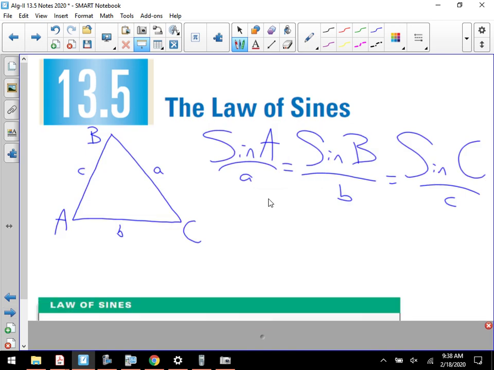You guys have all used this as the ratio stuff. You look at it in terms of the sine of an angle is to the side across from it, as the sine of another angle is to the side across from it, and so on and so on. These formulas, they always write it up with all three ratios because you have all three parts of the triangle. Obviously, you're only going to be using 2 out of those 3 ratios every time.